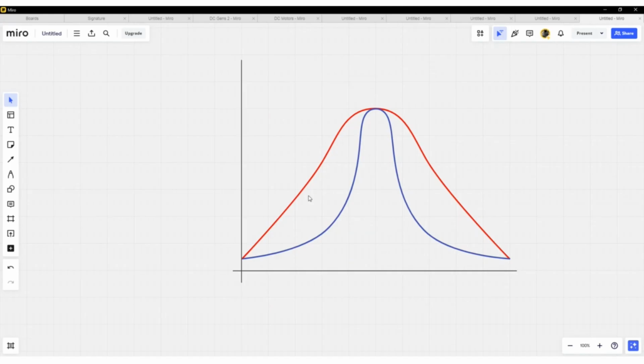So which of these two responses do you guys say has higher selectivity? The blue one or the red one? Which one is more selective?